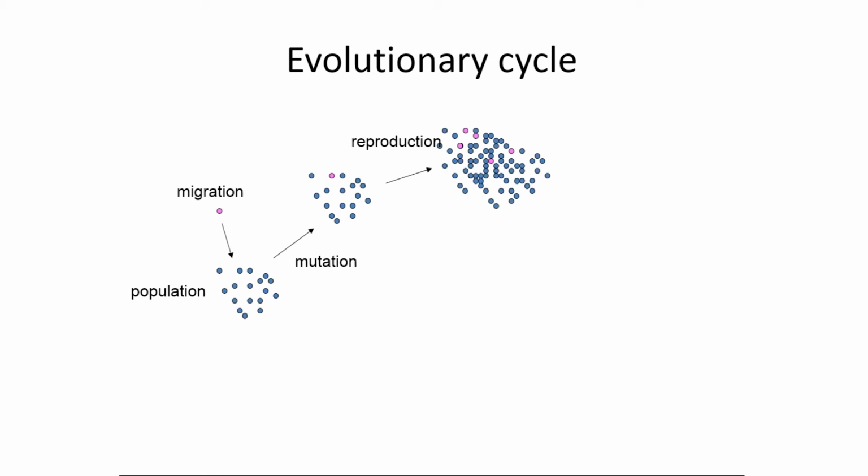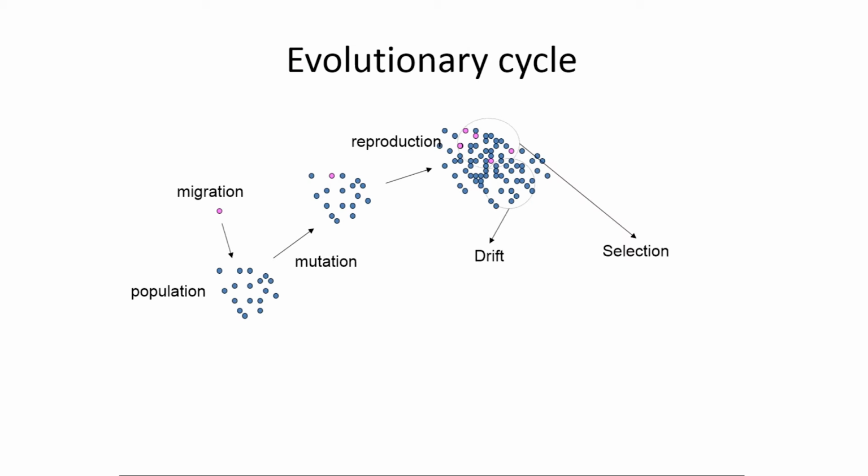So if we wanted to summarize all this in graphical terms, we'd start with a new homogeneous population. We're introducing a new allele by either migration or mutation to have a slightly heterogeneous population. That population tries to reproduce, but the next generation is a sample of that population.